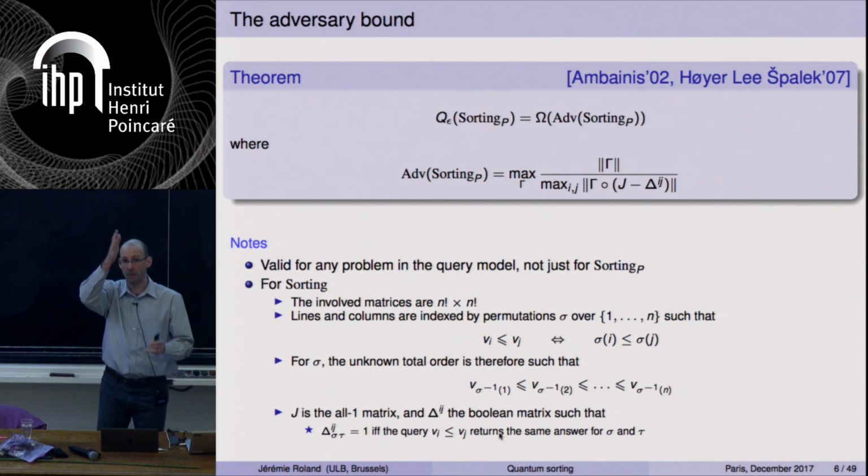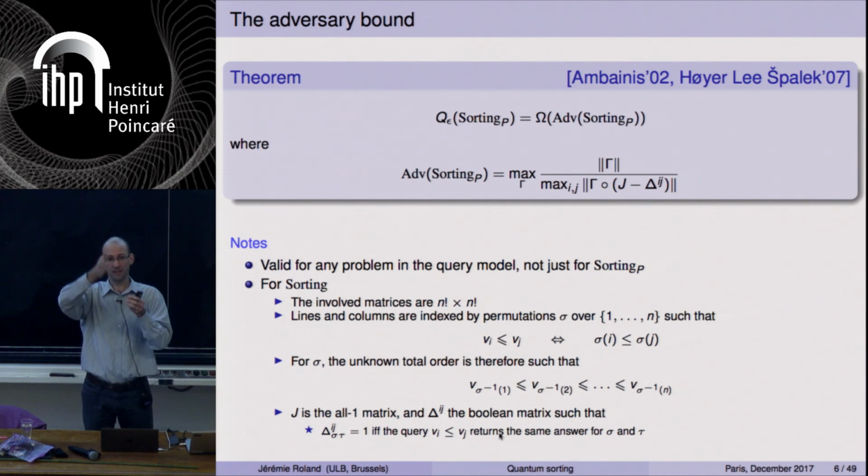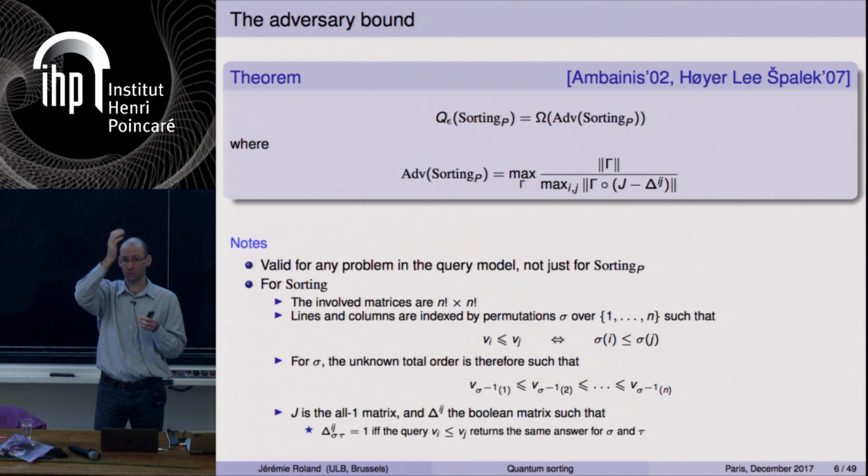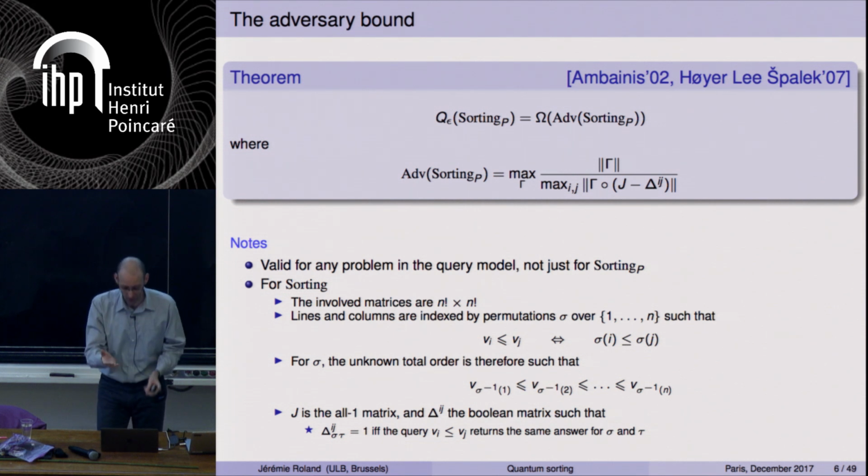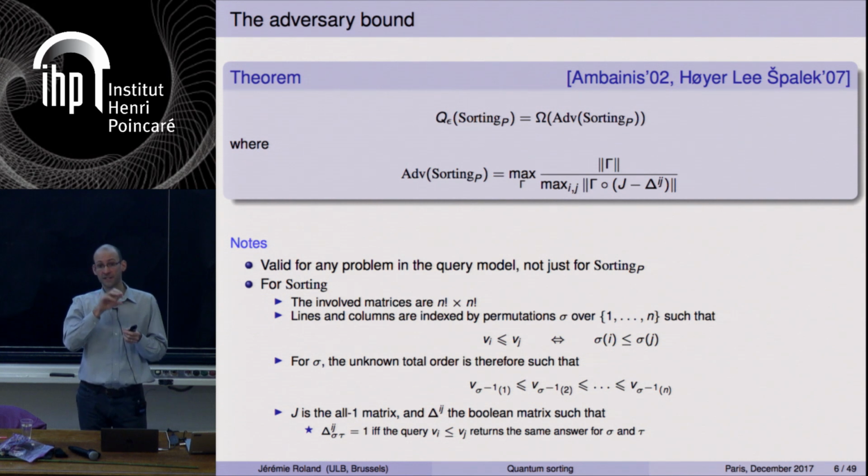Remember, each line and each column is indexed by possible permutations. Each entry corresponds to one permutation sigma and one permutation tau, and you will have a 1 at that position in the matrix delta_ij if both sigma and tau answer the same thing when you're comparing v_i and v_j.